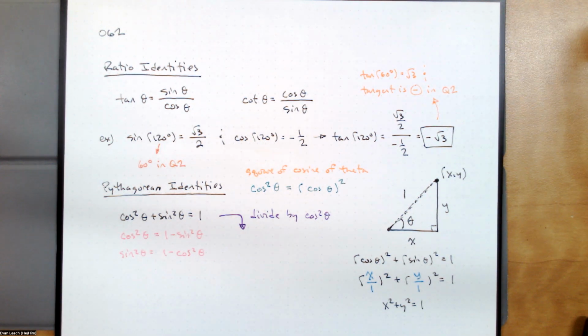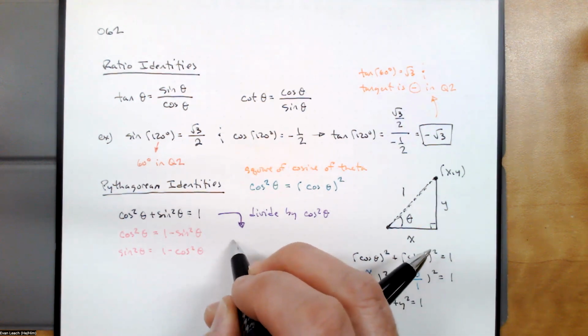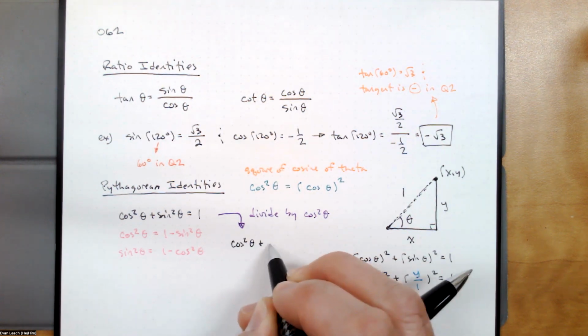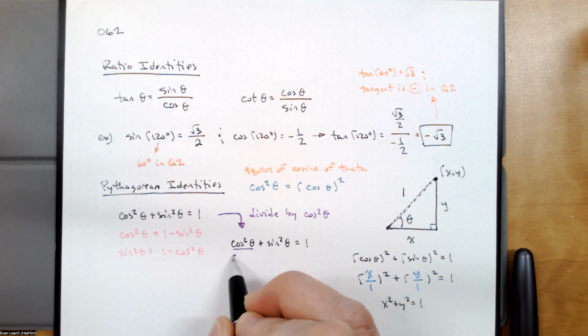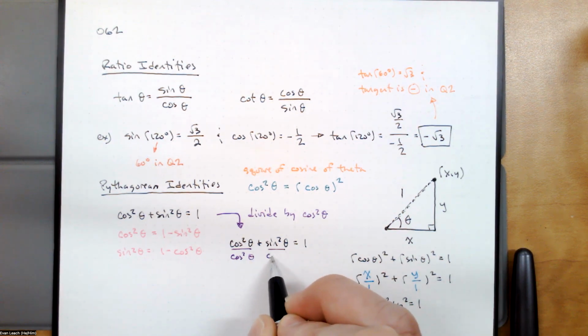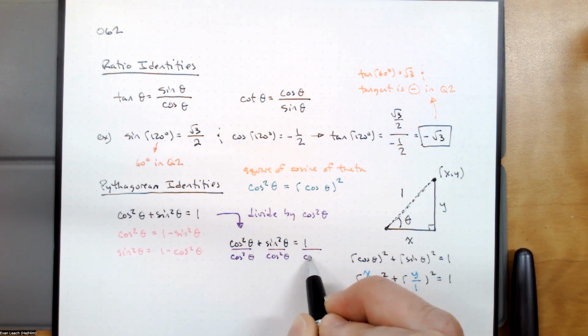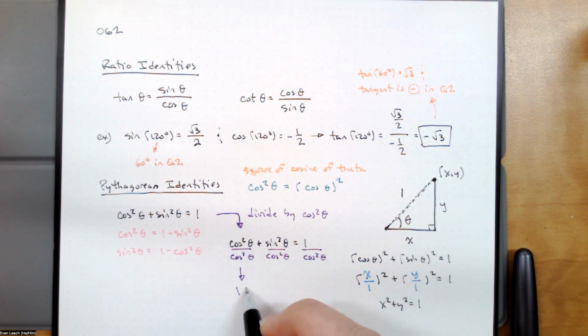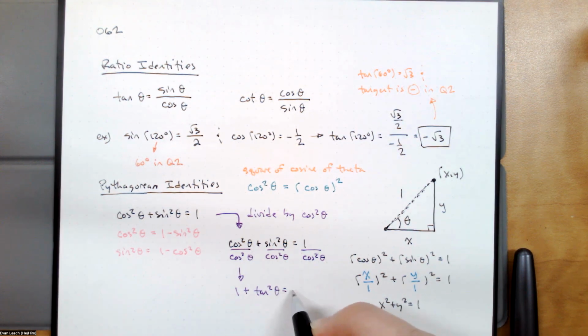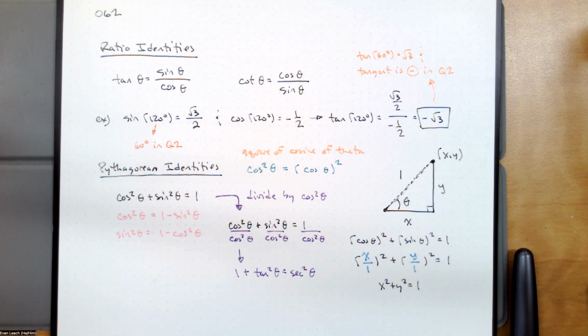I can take this identity, cosine squared plus sine squared is equal to 1, and divide by cosine squared and get a relationship between tangent and secant. So here's another Pythagorean identity. 1 plus tangent squared is secant squared.